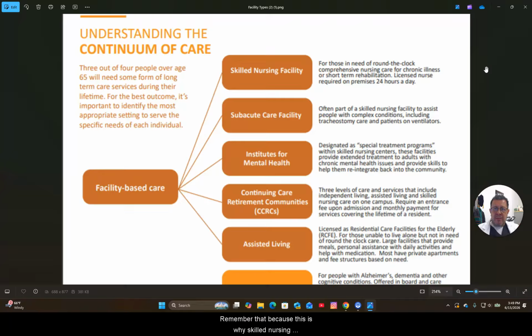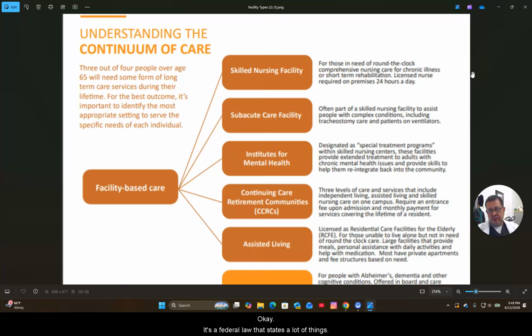Remember that, because this is why skilled nursing facilities are so sought after. In an SNF, the majority of them are Medicare and Medi-Cal. Medi-Cal is the Medicaid for California, and they're governed by Title 22.